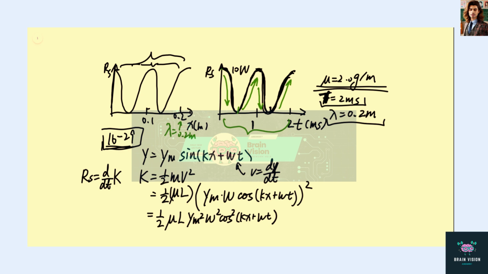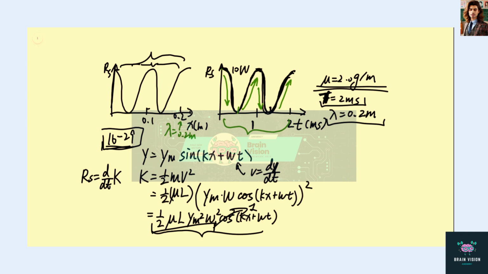Firstly, this number has a maximum, because at maximum the cosine squared just becomes 1, of 1/2 mu L y_m squared omega squared.